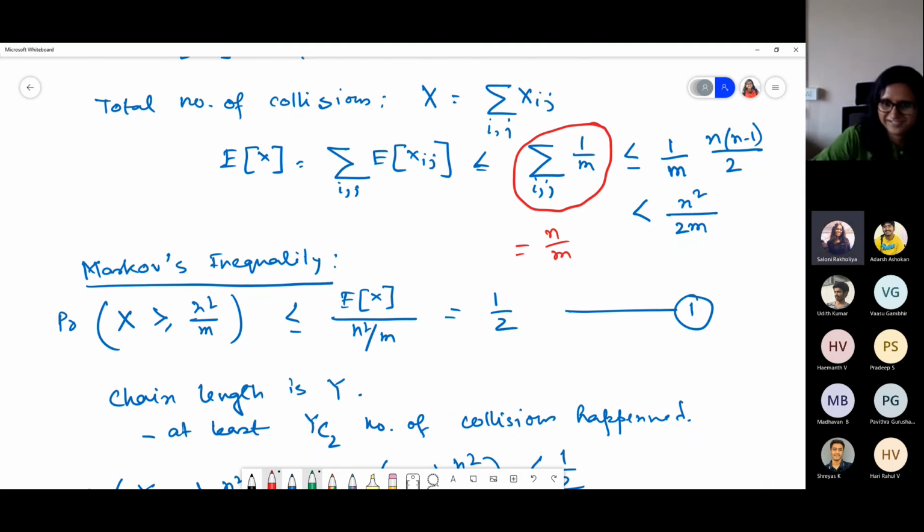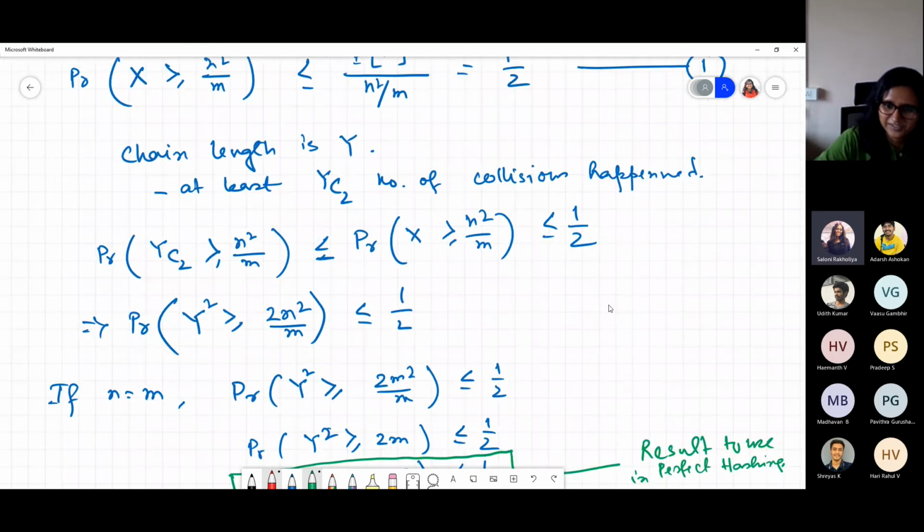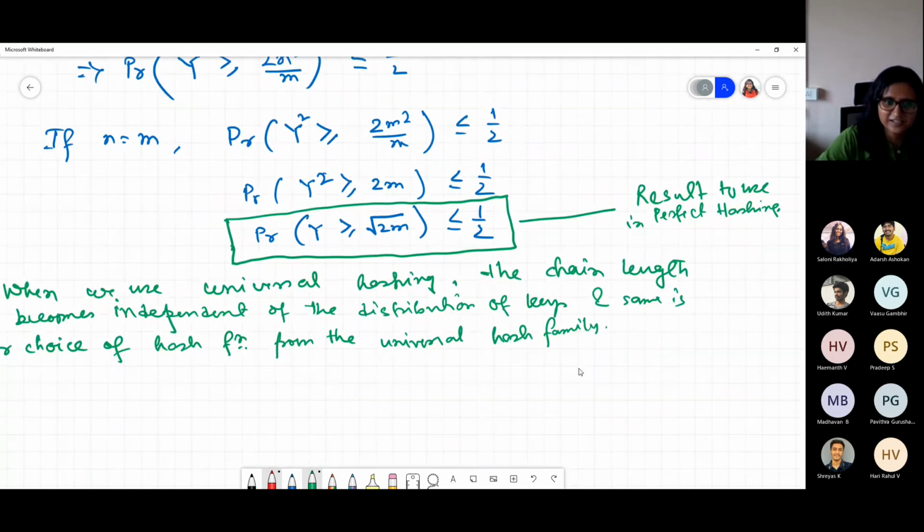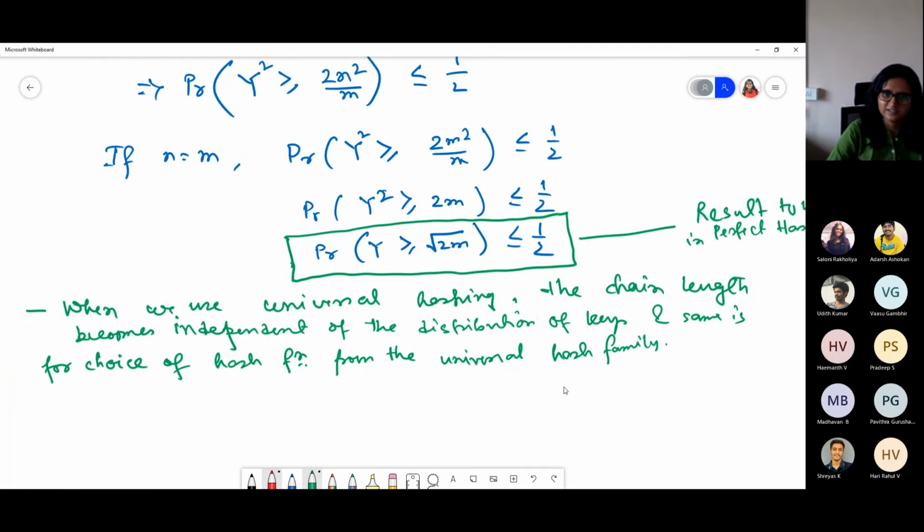Yes, ma'am, we will try it out and find out. Okay, this is one thing, and another thing is I am saying that this chain length will be independent of the distribution of keys.